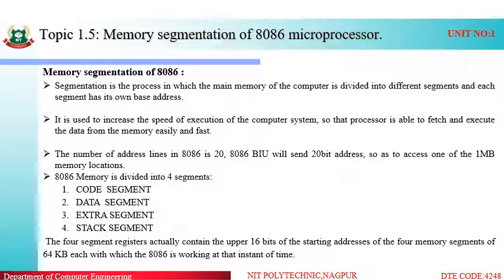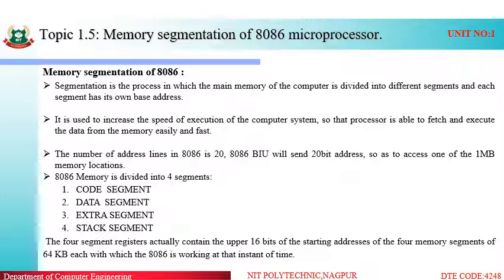So are you getting this point? The register will hold the starting address of this memory segment. Memory is a separate concept and register is a separate concept. Registers are temporary memory; registers are basically used to hold data.